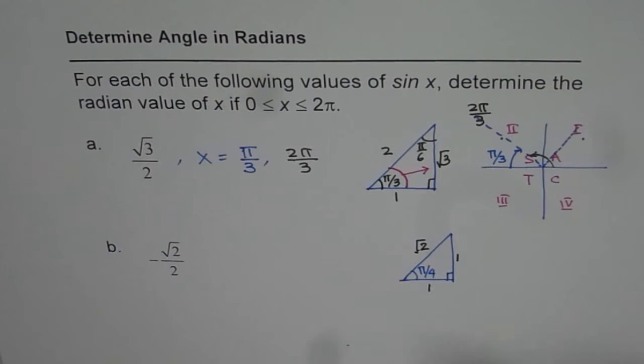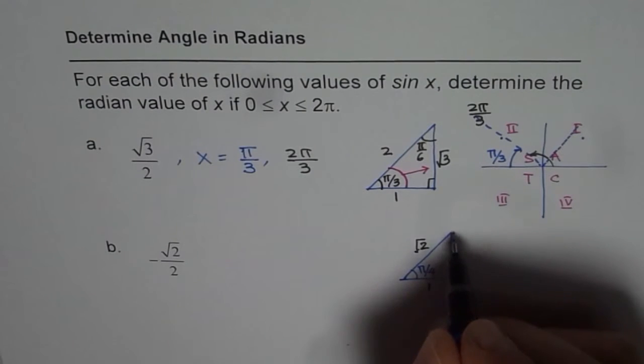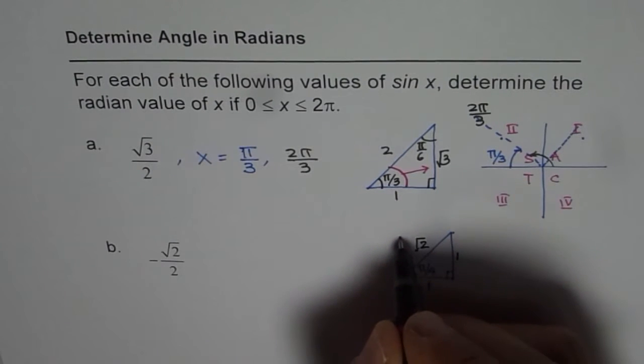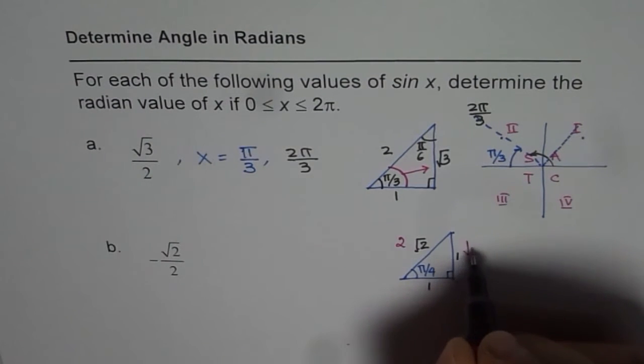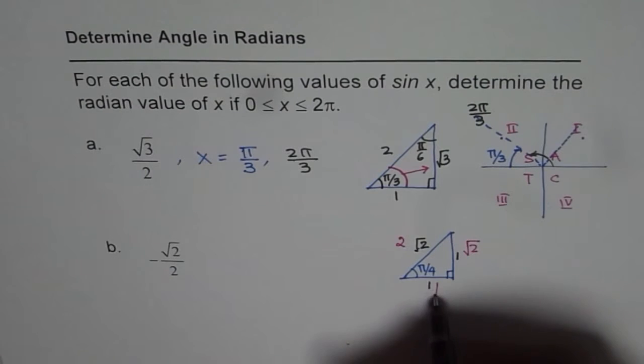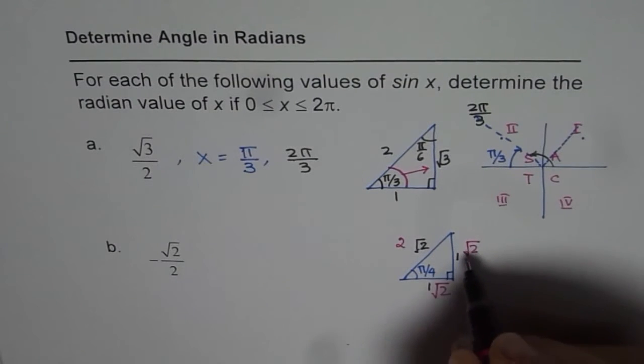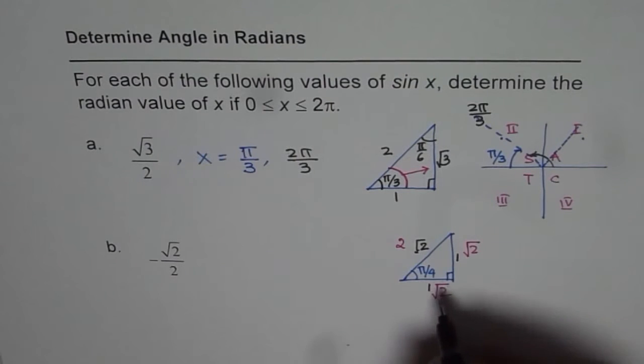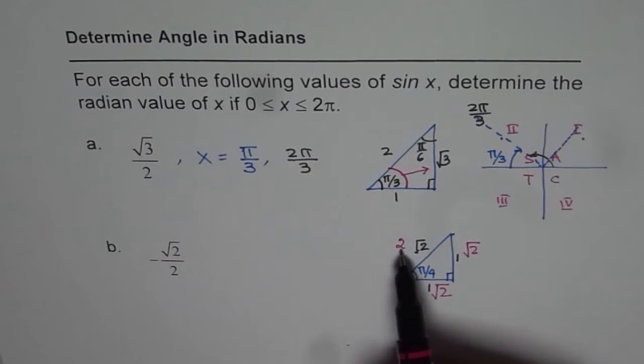The other combination is, let me multiply each by square root 2. In that case, this becomes 2, and these sides become square root 2. You see that part? So the sides of the triangle are square root 2, and 2. So that is the same special triangle. Now, sine value of square root 2 over 2 simply means the angle is pi by 4.